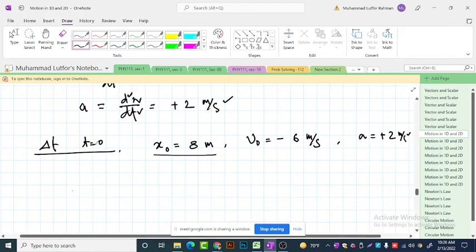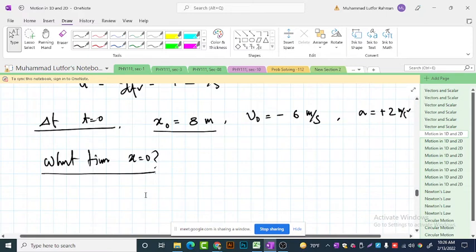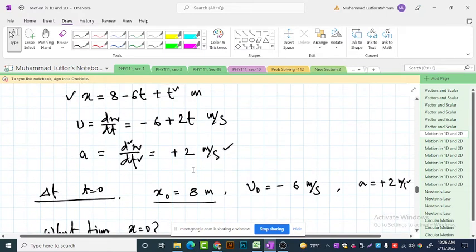Now, if I ask at what time it would be at my origin, say that x would be equal to 0.